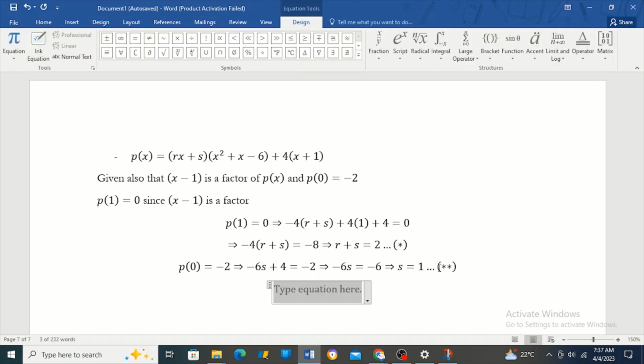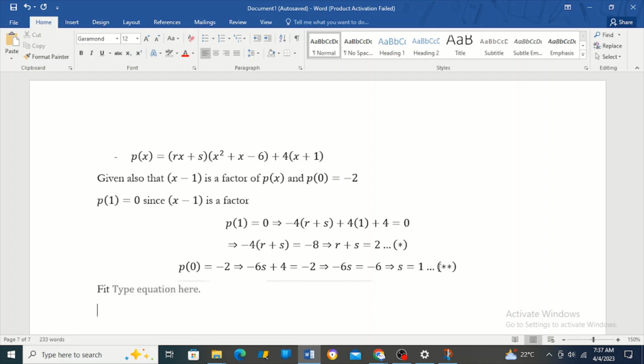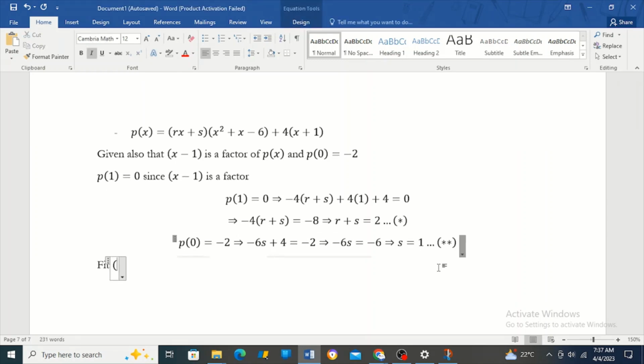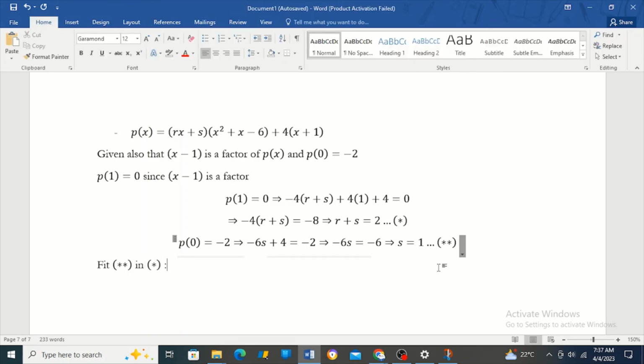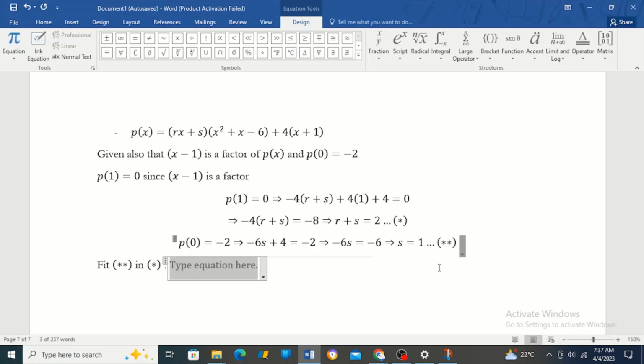Now we fit equation star star in equation star. What are we going to get? We are going to get that our r first of all is equal to 2 minus s, which is 2 minus 1, which is 1.